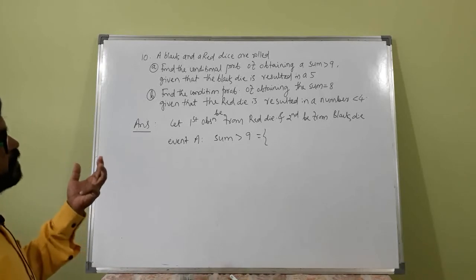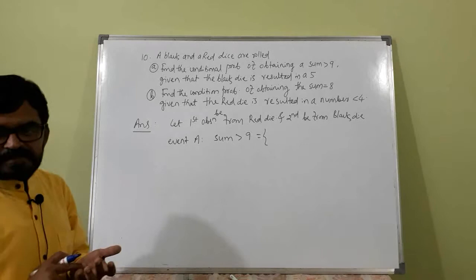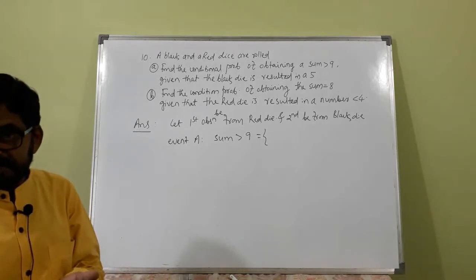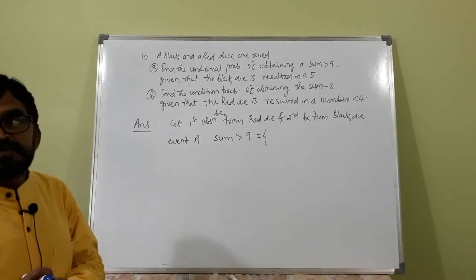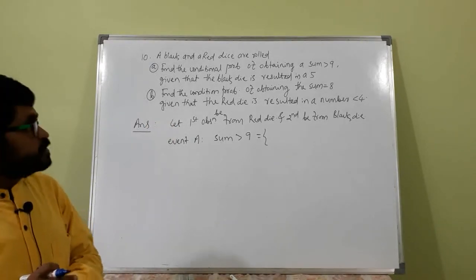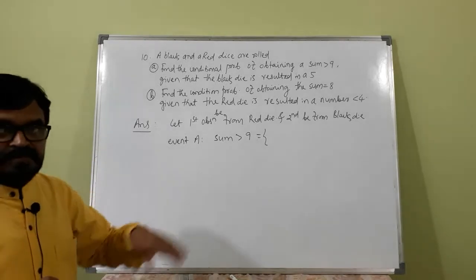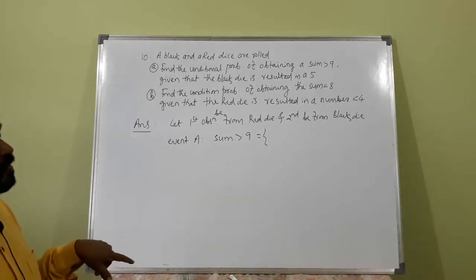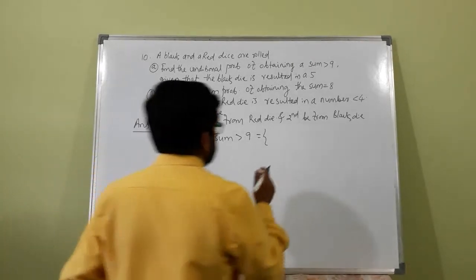First one may be 3: 3, 6, the maximum, is 9, equal to 9 but not greater than 9. So there is no observation from 3 in the third row. The fourth row: 4, 5 is equal to 9, so only 4, 6.